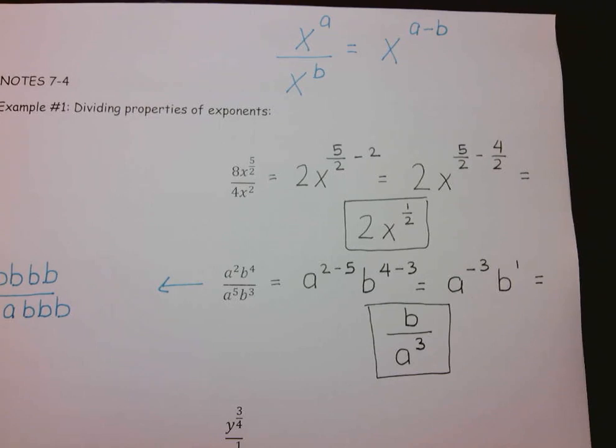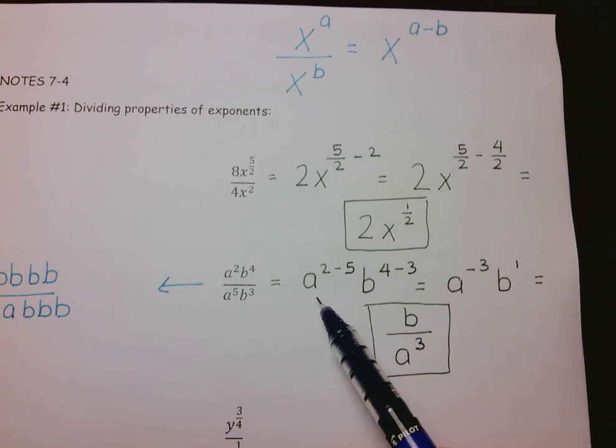In the next example, I'm doing the same thing. I'm dividing powers that have the same base, so I am subtracting the exponents. I need to take it one variable at a time.